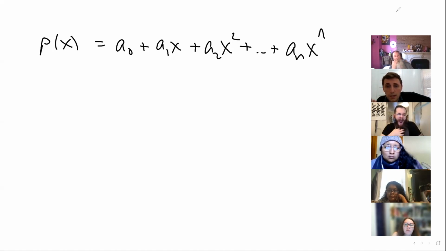X squared, I multiplied by the input twice. Every operation that only uses addition and multiplication can be reduced to this form. You agree? If you take an input and all you do is add and multiply using that input by a fixed collection of numbers, then you get this representation. Good? So that's what a polynomial is.